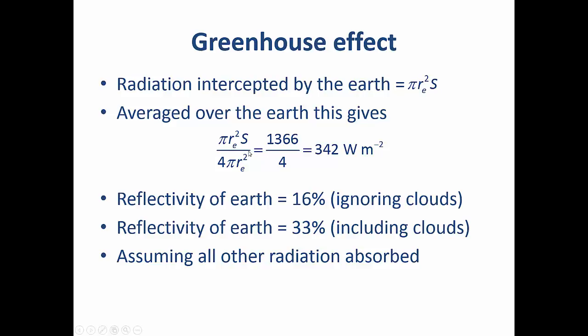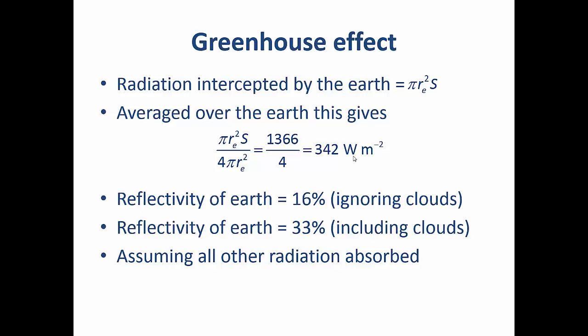Actual energy is then averaged over the actual surface area of the Earth, which is of course 4 pi Re squared. Looking at this equation, the pi Re squared terms will cancel out, and we simply get 1366 divided by 4 equals 342 watts per meter squared.